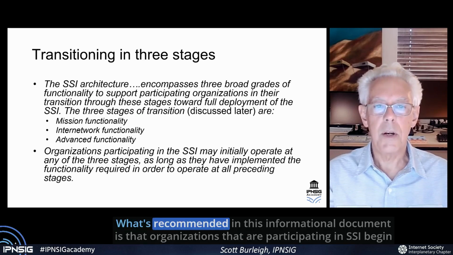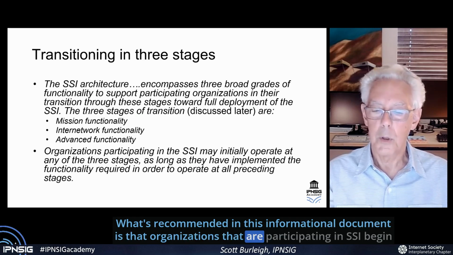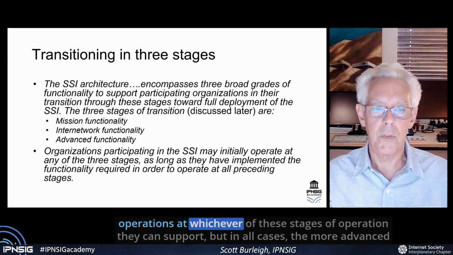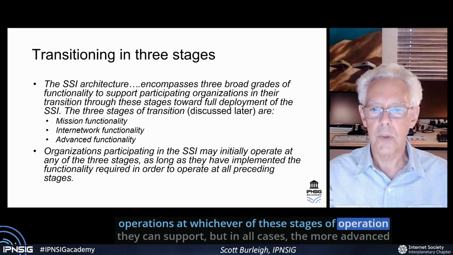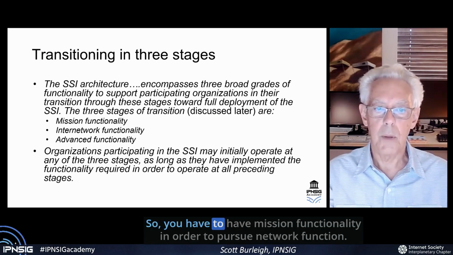What's recommended in this informational document is that organizations that are participating in SSI begin operations at whichever of these stages of operation they can support, but in all cases, the more advanced stages encompass all the capability of the earlier stages. So you have to have mission functionality in order to pursue inter-network functionality.